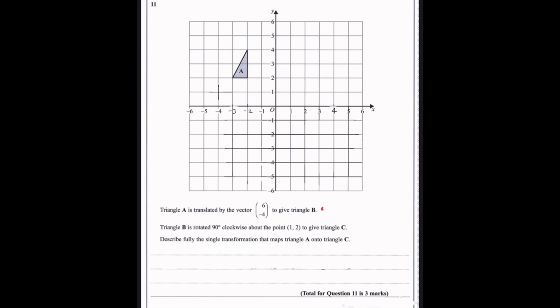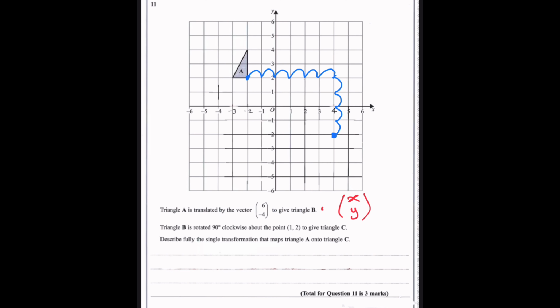Let's find triangle B. In a column vector, the top value is my x and the bottom value is my y. So I've moved 6 in the x-axis. I'm going to go from this point, 1, 2, 3, 4, 5, 6, and minus 4 in the y-axis, 1, 2, 3, 4.